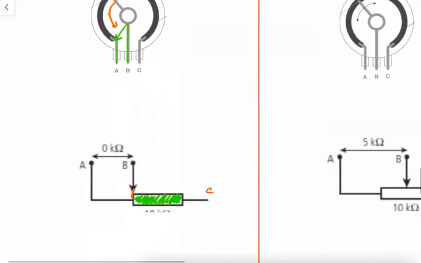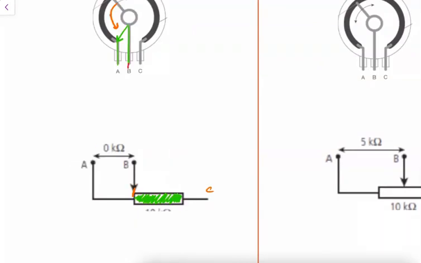So if I were to draw how this would look, this B would come down. I would have a lamp right here, assuming this would be connected to a lamp, and that would be in parallel. The point AB would be in parallel with this lamp, and that would be connected to a battery.